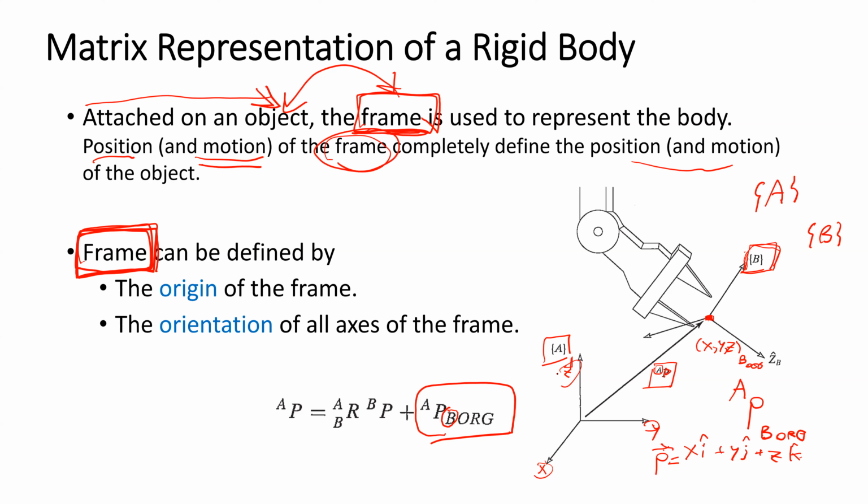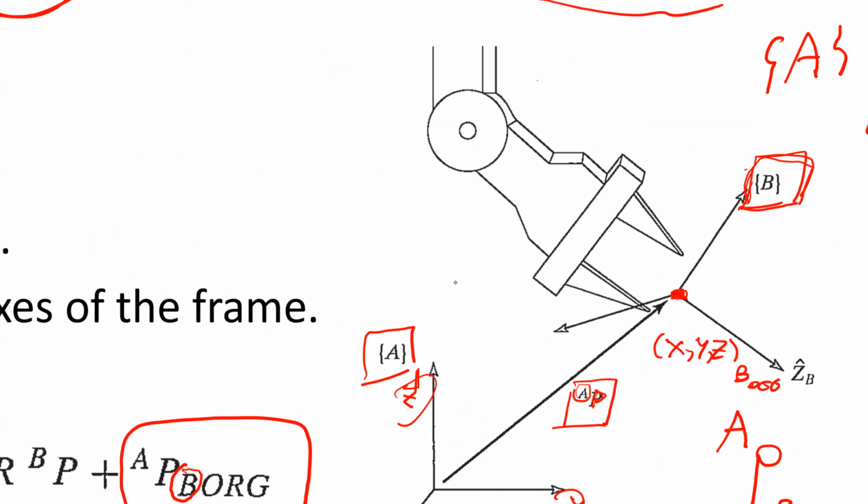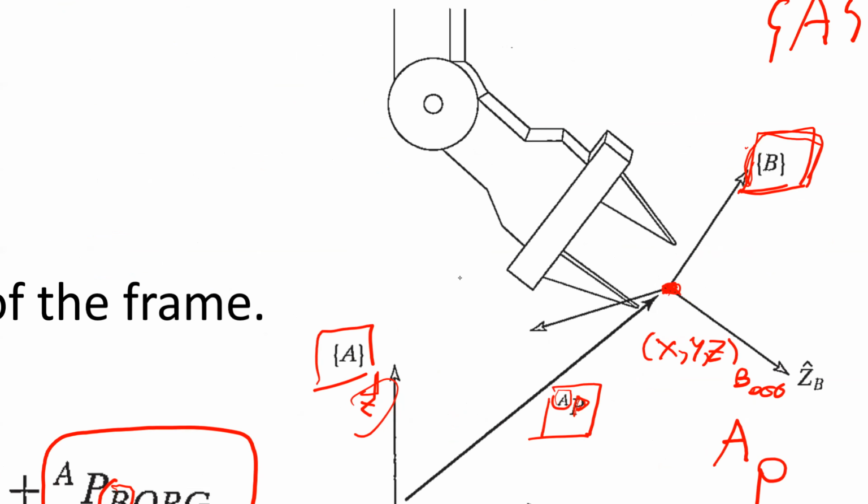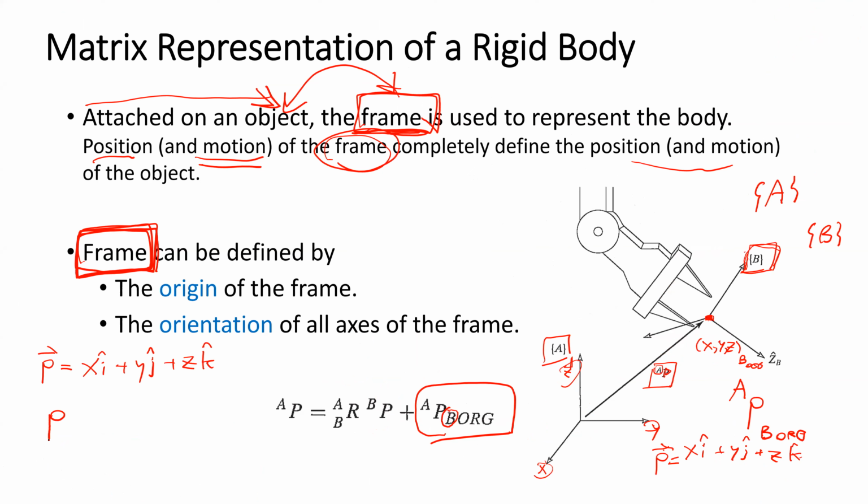But in our class, instead of writing the position vector as xi, yj, and zk, I already mentioned that if we write P in bold letter, it means a vector.